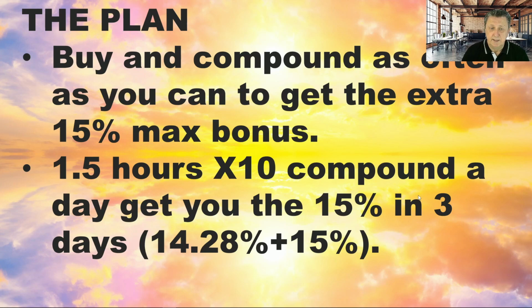The 10 compounds per day will get you up to tier 3 on the first day, and then hopefully up to 6 or 7. So that is the strategy that you should try and follow. Obviously, if you can't do that, then it will take a bit longer to get there.